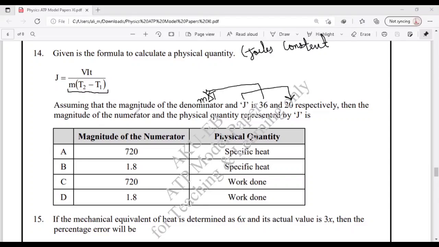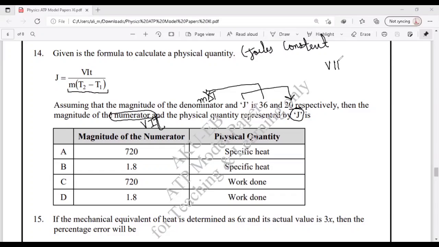Then the magnitude of the numerator, VIT, and the physical quantity represented by J. So we have to find the magnitude of the numerator.